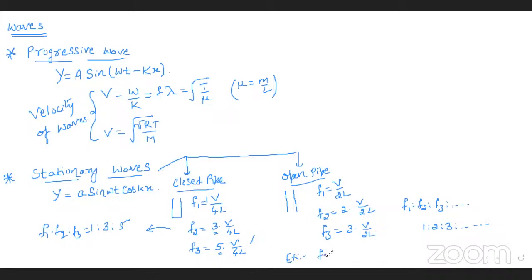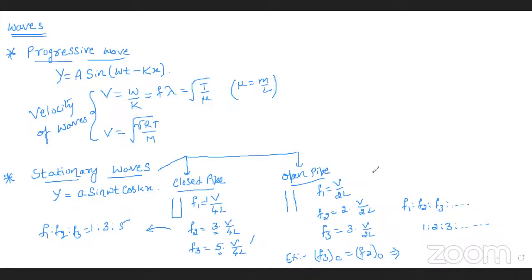What will be the equation? What is the formula for the third frequency of the closed pipe?